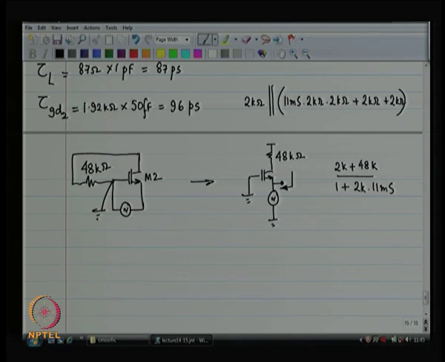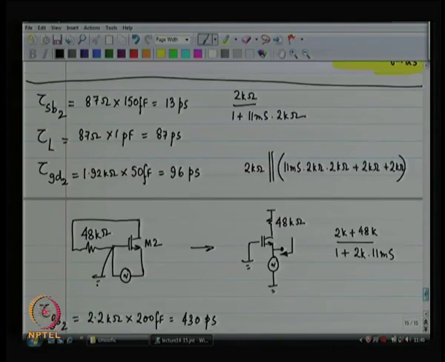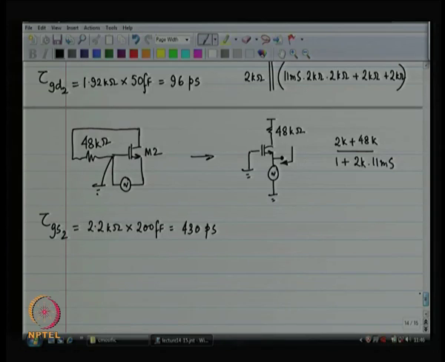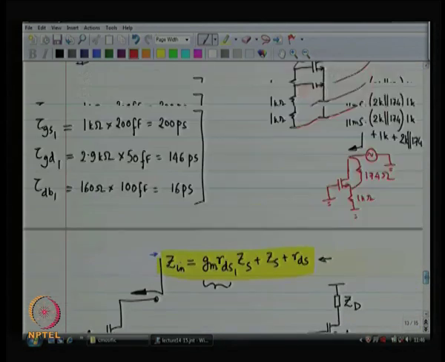Okay. So, this is basically going to give me 50K divided by 23, it is about 2.2 kilo ohms. 430 picoseconds, that is a large number, we might have to worry about it later on.